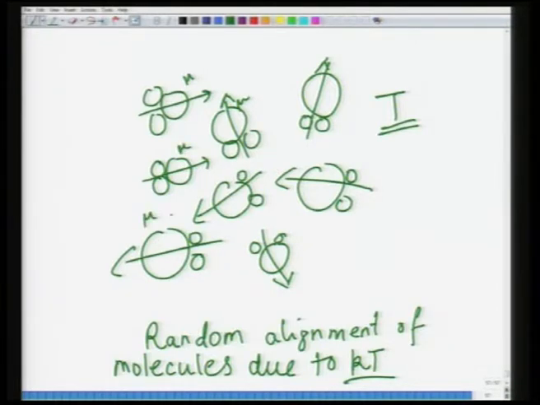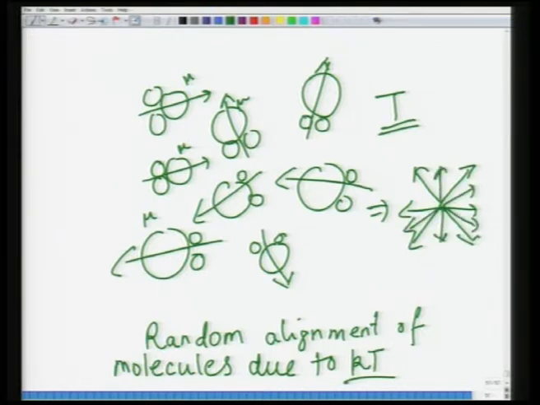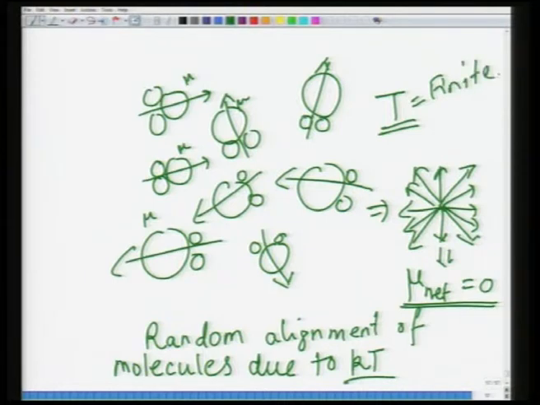and what this will look like is all the mu's are in various different directions. The picture looks as if you have mu's present in all the directions. If you have mu's present in all directions, then mu net for such a system will be equal to 0, and this happens when temperature is finite, typically room temperature, and electric field is equal to 0.